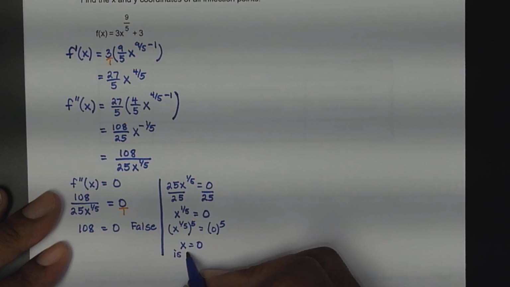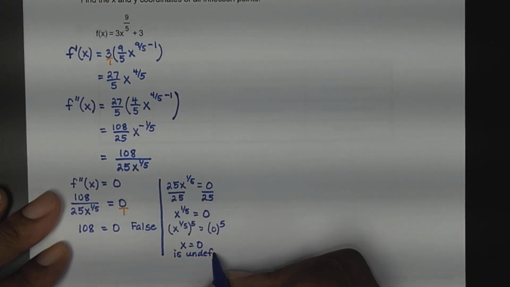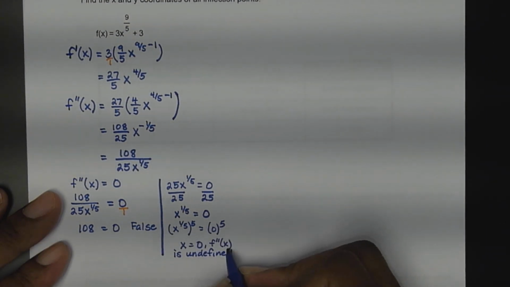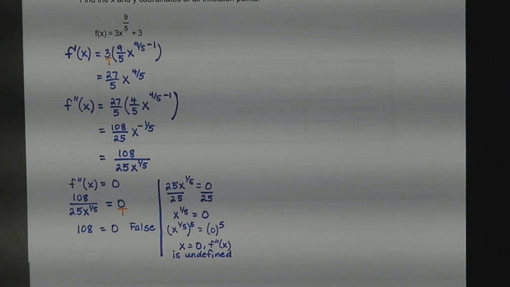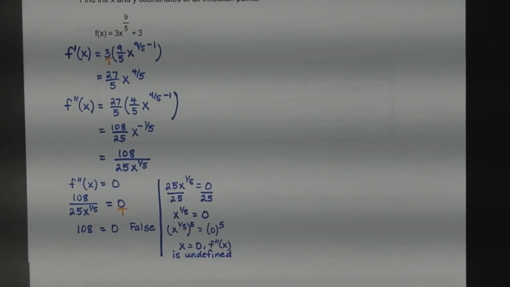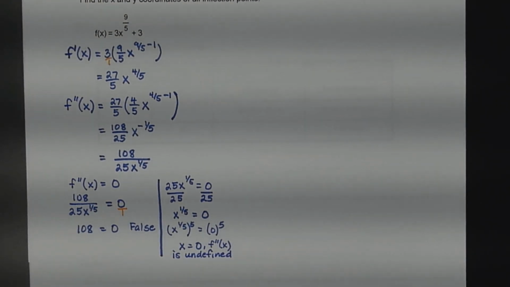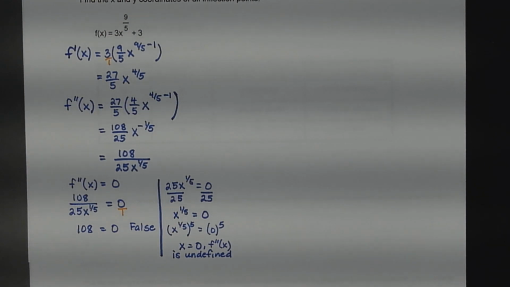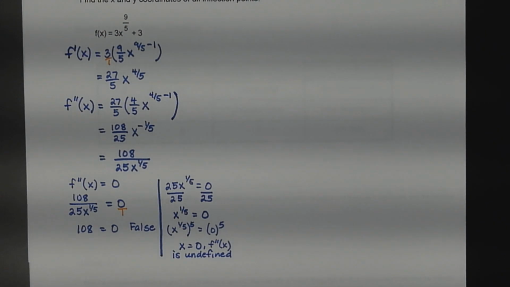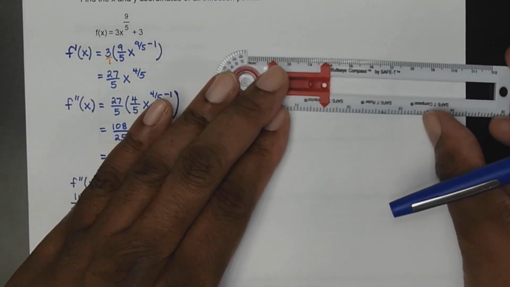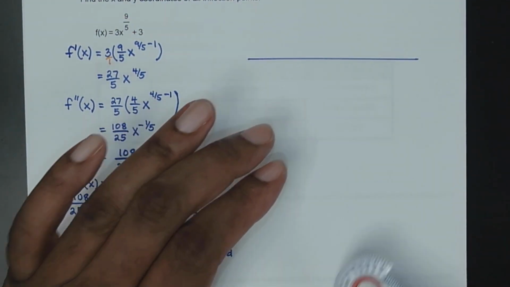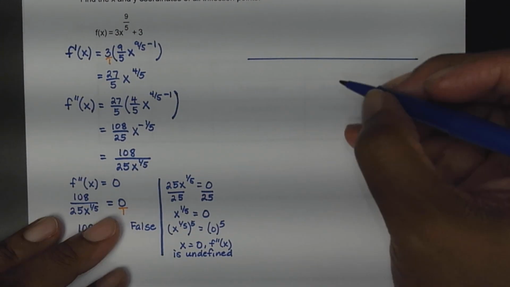So at x equals 0, f double prime of x is undefined at that value. So we'll use that as a critical number, okay? Critical numbers can be where x is equal to some number, or the value of x where our denominator is undefined. And x equals 0 was undefined because I would get a 0 in the denominator for the second derivative of that function. So let's use 0 there.